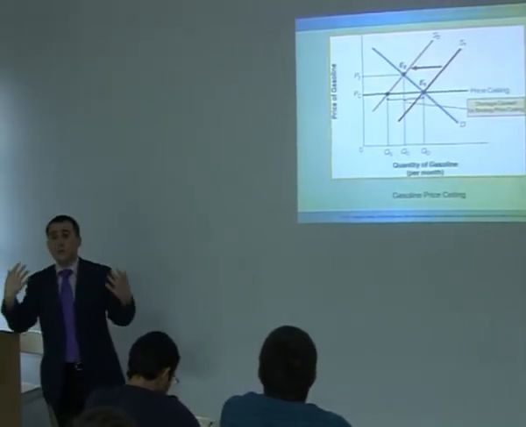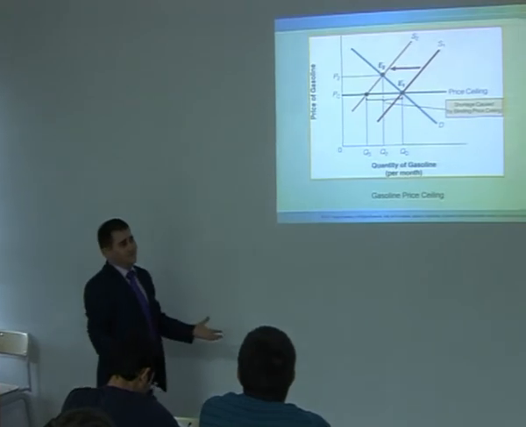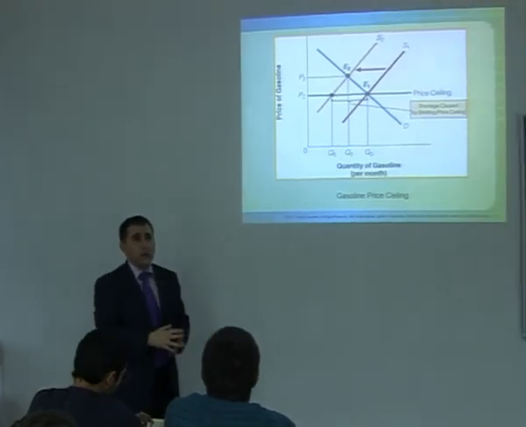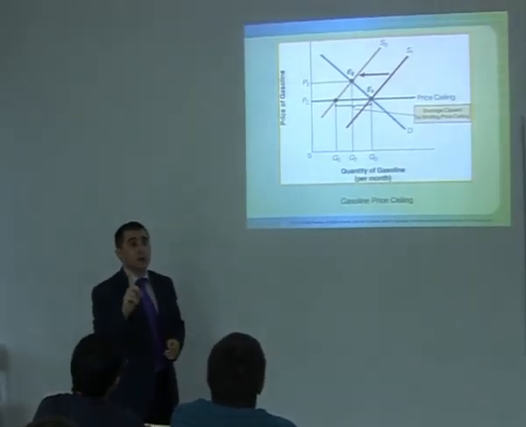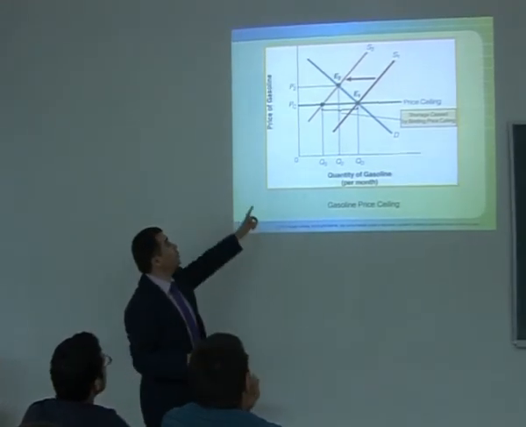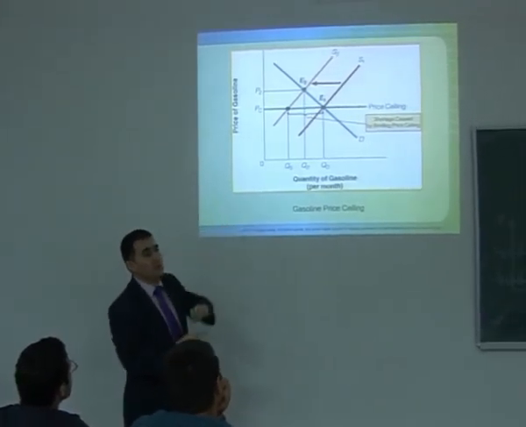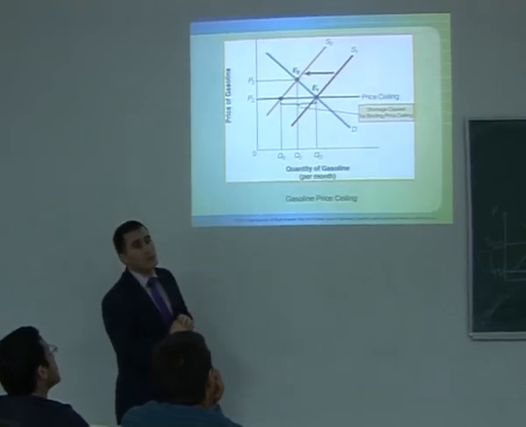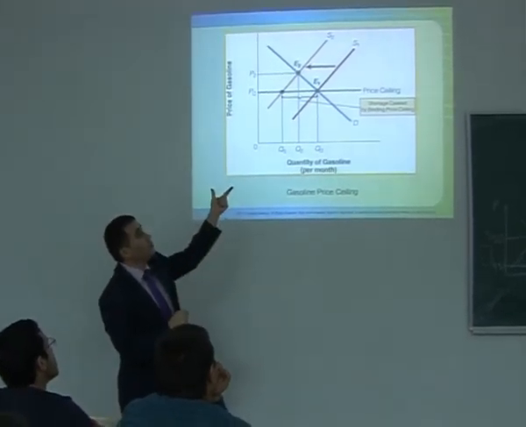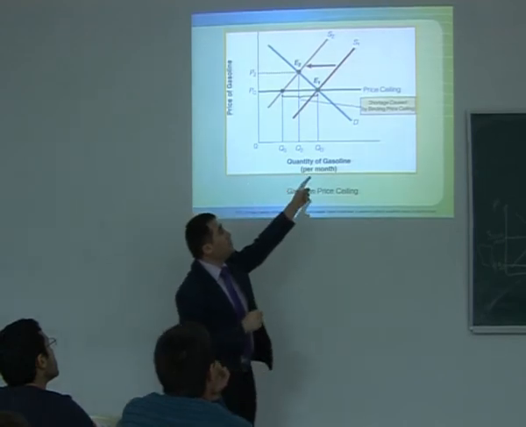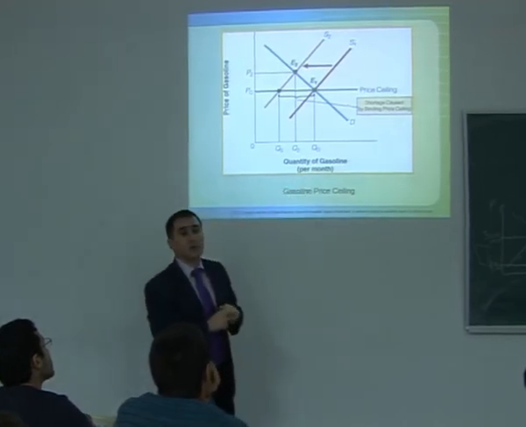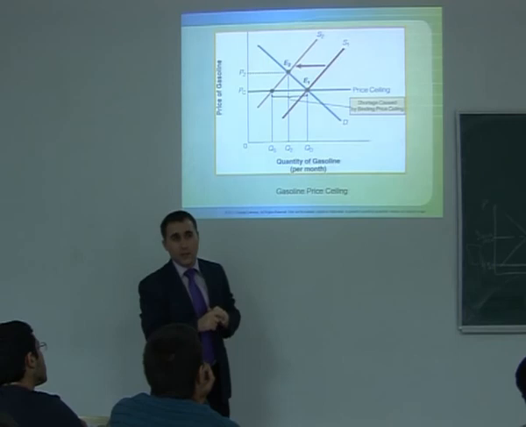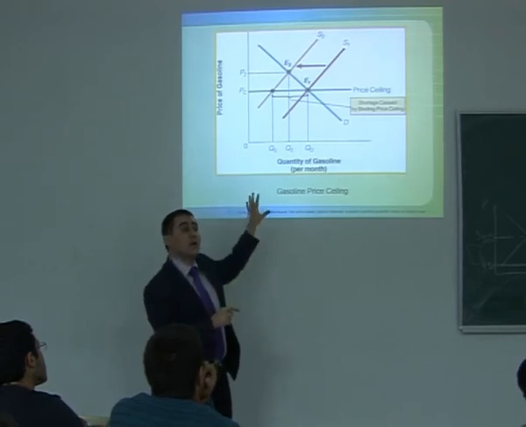We know that your input prices are very high, but you are not allowed to sell above this price ceiling. So of course it caused a shortage, and it says the shortage was caused by the binding price ceiling. It was a real life example.